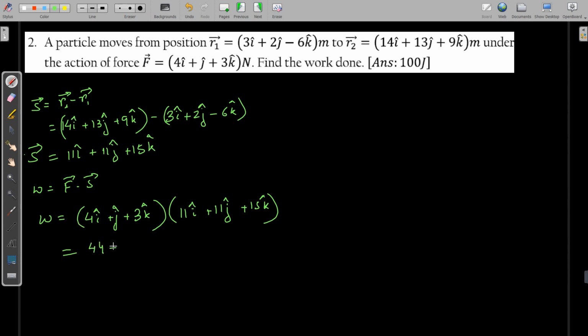How? 44, here is 11, 50. So if we are doing this, sorry, 44. What is the value of j here? Oh, very sorry, here this is not 6. This is what?